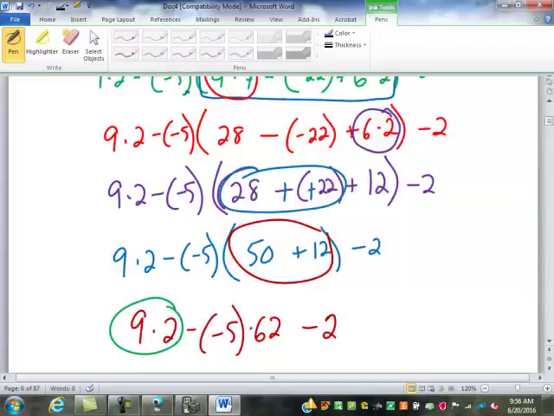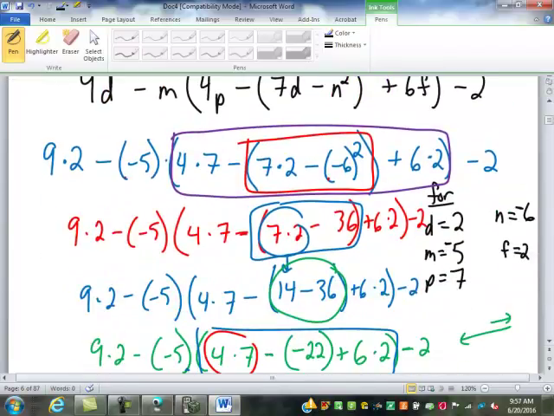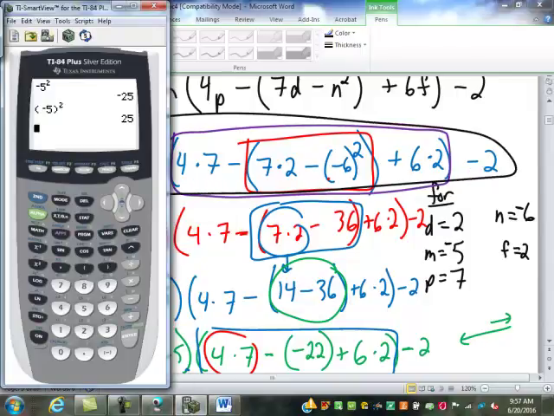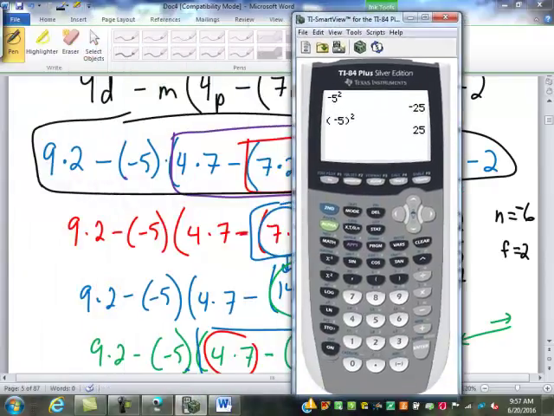Now I'm going to show you something here. Back up at the beginning. Once we get the numbers put in right here, our calculator actually does do a pretty good job of that. I'm going to move my calculator over here and we'll start entering it.